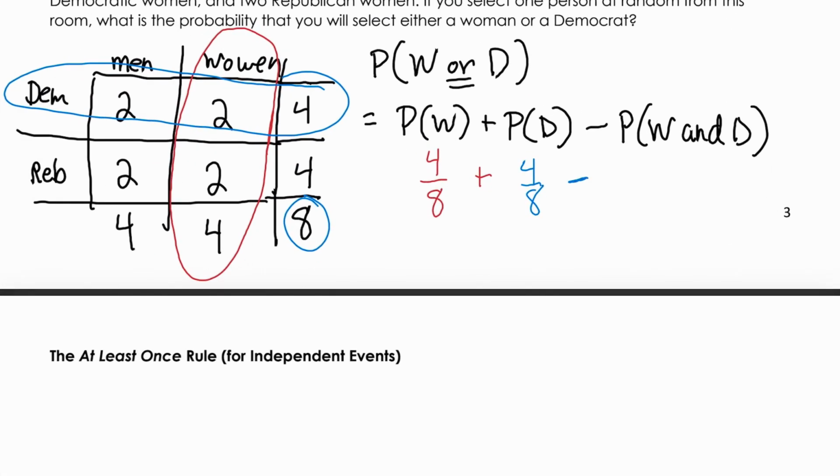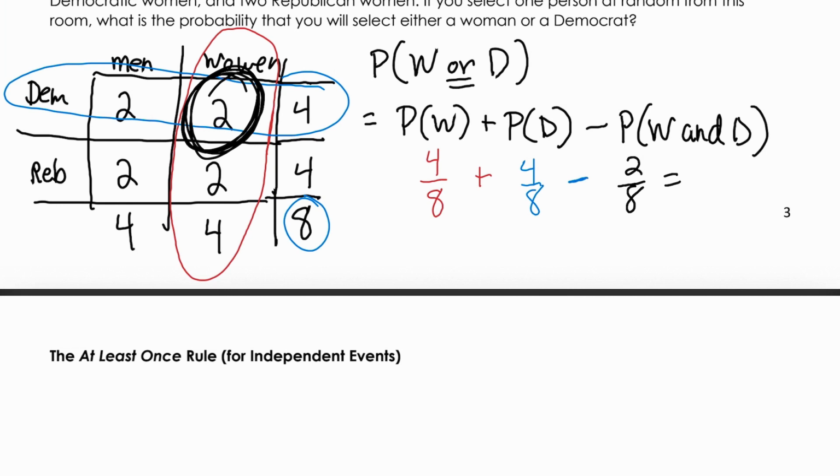But I want to subtract anybody that was counted twice. If you notice, these 2 people here were counted twice. I counted them in the Democrat probability, and then I also counted them in the probability of choosing a woman. So I don't want to count those 2 people twice, so I'm going to subtract off 2 out of 8 to make sure they're not counted twice.